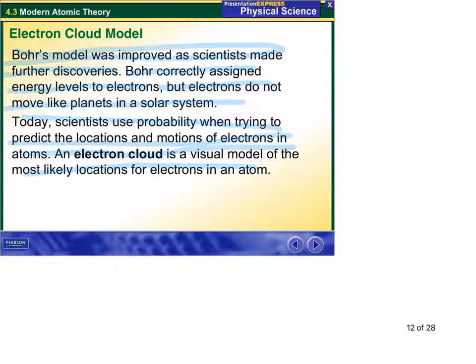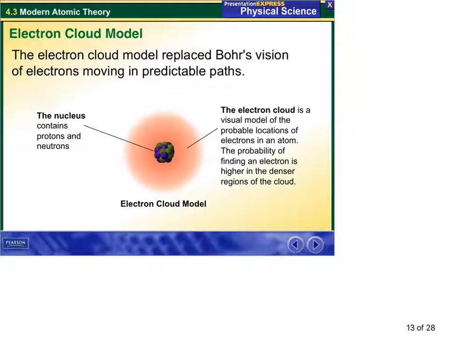An electron cloud is a visual model of the most likely locations for electrons in an atom. The electron cloud model replaced Bohr's vision of electrons moving in predictable paths. So this is what our model of an atom would look like today. We've got the nucleus and we've got the electron cloud.